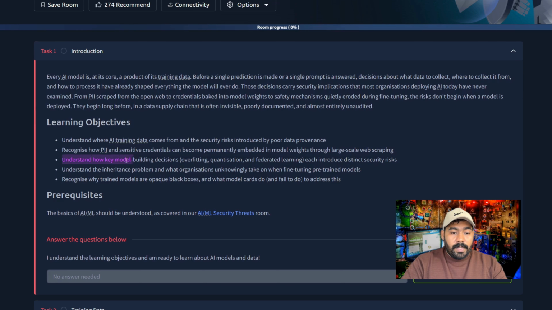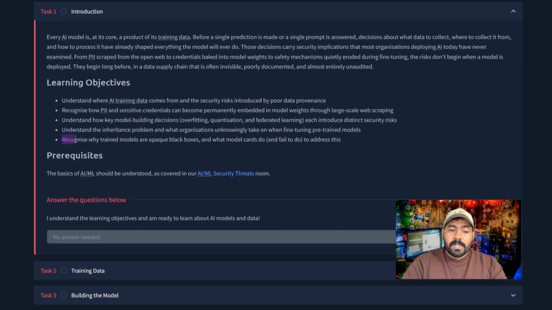Understand how key model-building decisions, overfitting, quantization, and federated learning, each introduce distinct security risk. Understand the inheritance problem and what organizations unknowingly take on when fine-tuning pre-trained models. Recognize where training data or trained models are opaque black boxes.